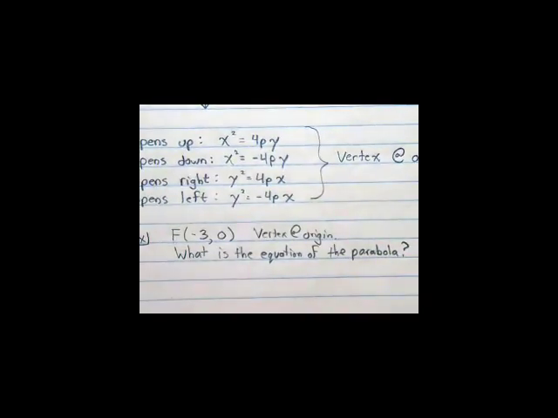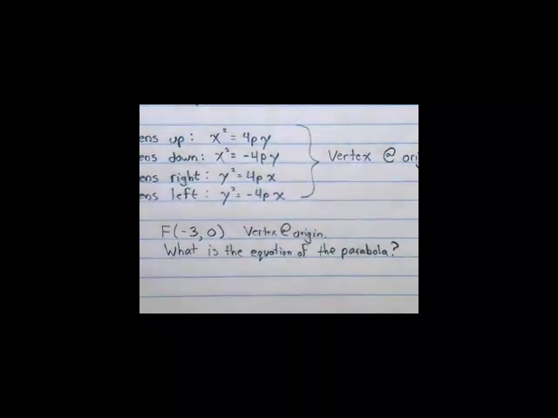So pretty much we need to figure out two things. We need to figure out what's P, and we need to figure out which direction does it open, up, down, left, or right. With those two things in hand, we can pick the right one and plug in, and we got it. Okay? So just by looking at the fact that the focus is -3, 0, what's P?